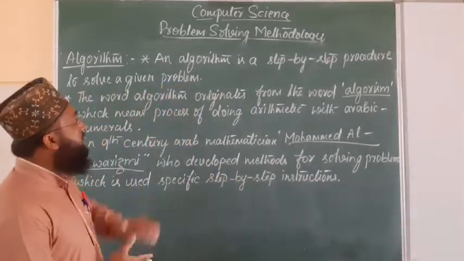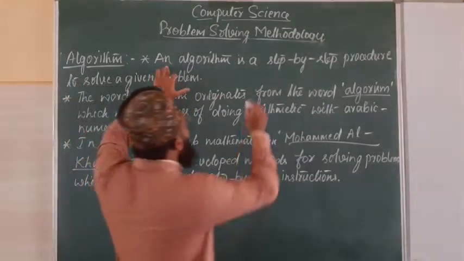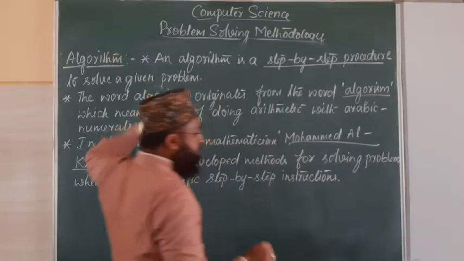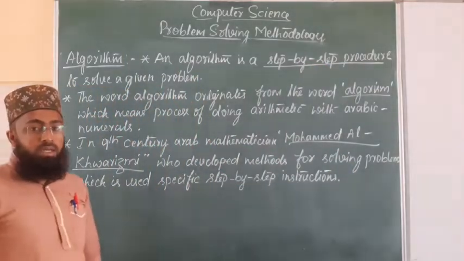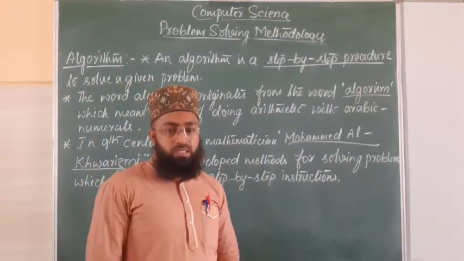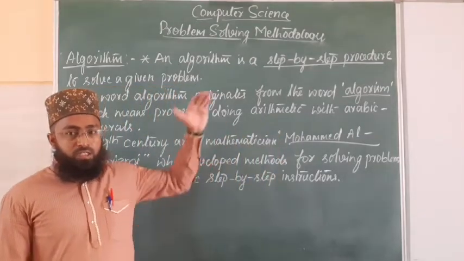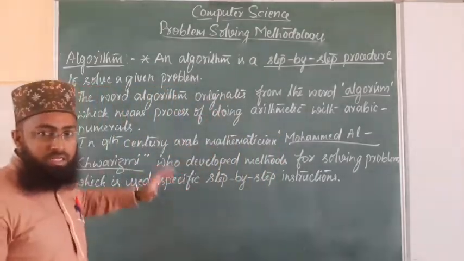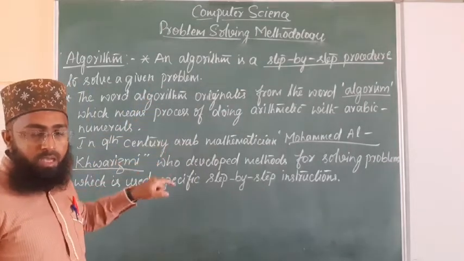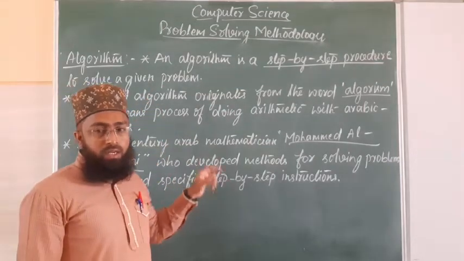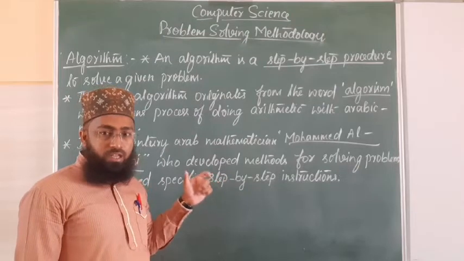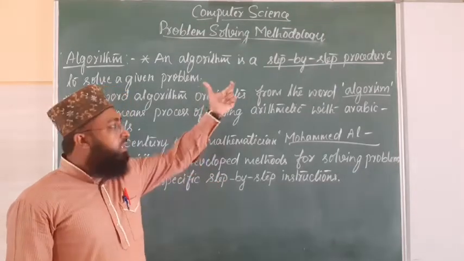See, an algorithm is a step-by-step procedure. While writing an algorithm, you may see step 1, step 2, step 3, like that, stepwise. It has to be written in that way only, by giving steps.